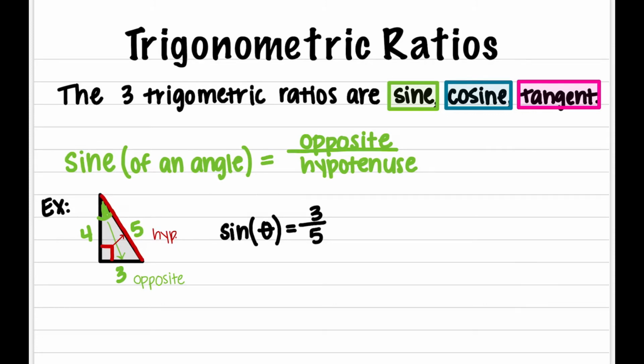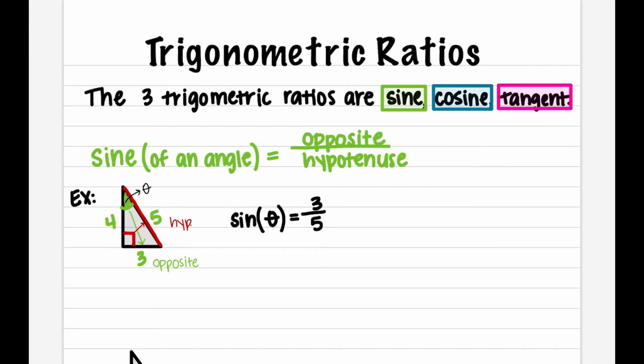Let me make a note here that this angle, we're calling it theta because it's an unknown angle. We don't know what its measure is. So instead of writing a long sentence that tells us the side opposite from this angle is 3 and the side that's the hypotenuse of this triangle is 5, instead of writing all of that, we can just say sine of that angle is equal to 3 over 5.